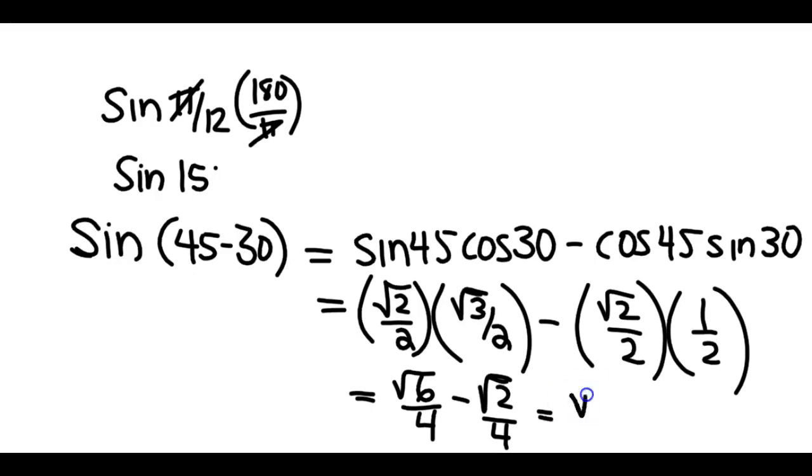So all you do is write root 6 minus root 2 all over 4, because 4 is a common bottom. That's our final answer: root 6 minus root 2 over 4.